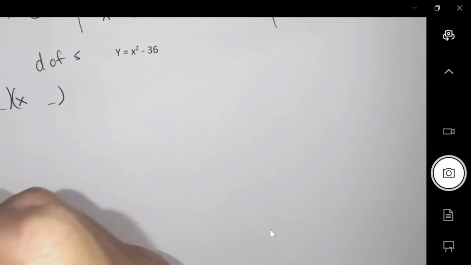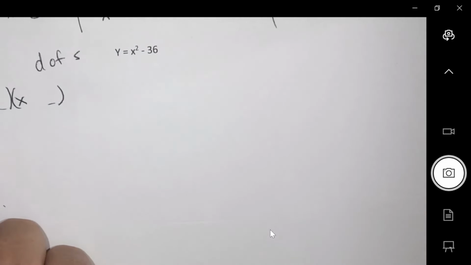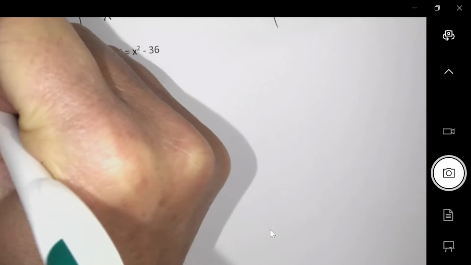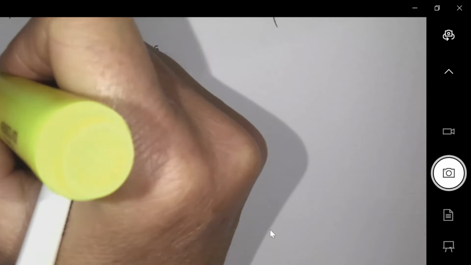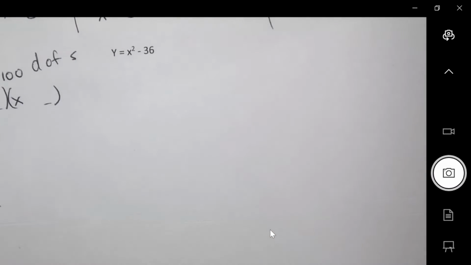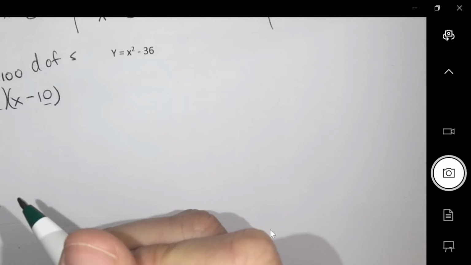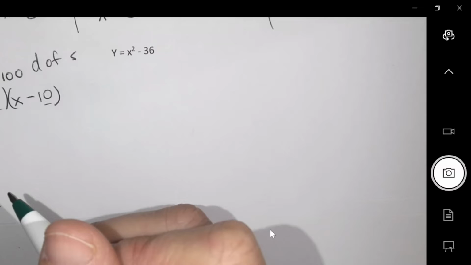And what times what makes 100 and has to still add to 0 in the middle? Because really, this is technically a trinomial if you want to think about it. Positive 10, negative 10. A difference of squares is the same kind of idea as that trinomial, but there's just nothing in the middle. So plus 10 and minus 10, because that also adds to 0, right? That's why there is no middle term.